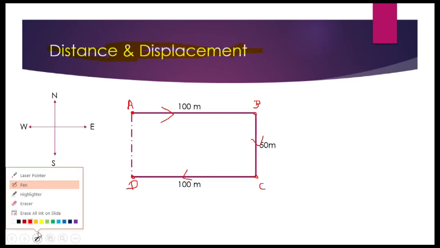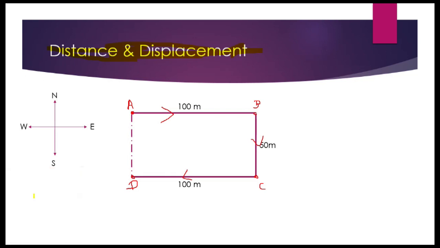So this object starts its travel from point A and ends at point D. We are going to find the distance and the displacement. Distance means the length of the path traveled by an object. So in order to find the distance, you have to find the length of the path. Starting from here, 100 meters, and another 50 meters towards this side, so 100 plus 50, and another 100 meters towards this side.